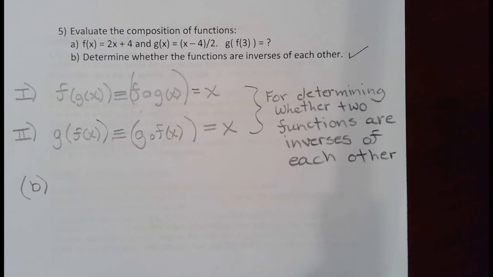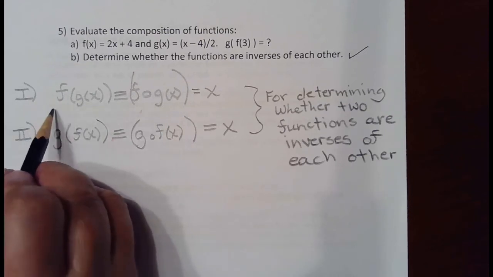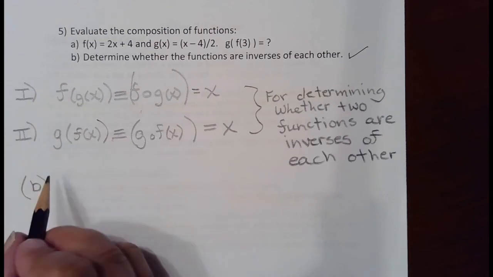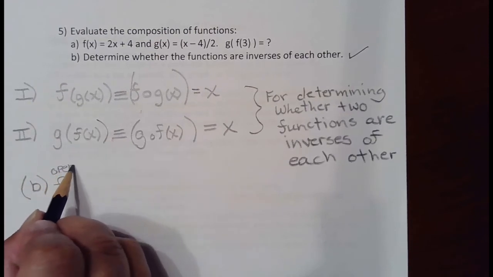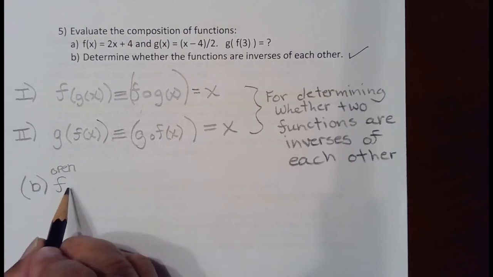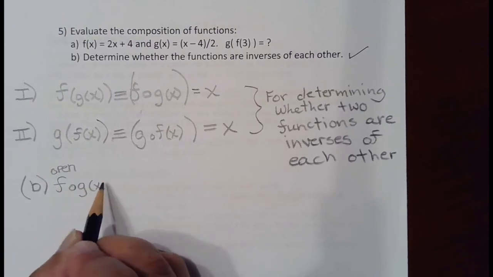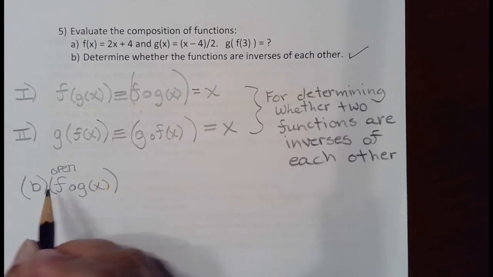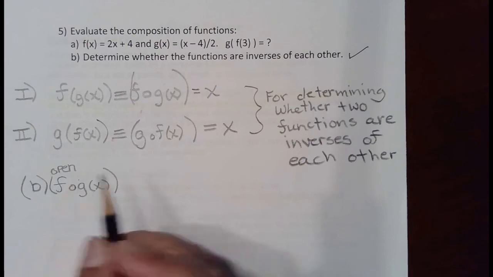If I write f composed of g of x, I'm looking for it to come out to be x. And if you remember what compositions are, we're going to be opening up that outer function. The outer function is 2x plus 4. And then what you're going to dump inside of that blank spot is the other function, which is (x minus 4) over 2. That's the g of x function.